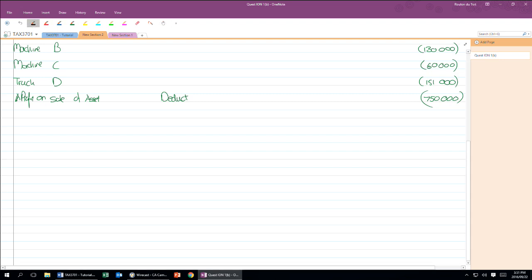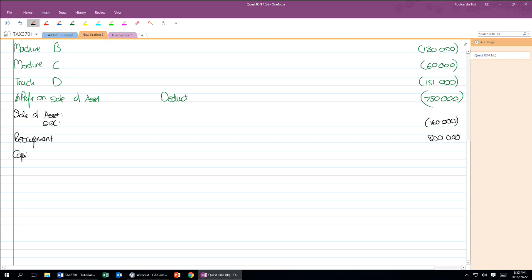So we had sale of asset. We had our section 12C deduction for the current year, which was 160,000 rands. We calculated a recoupment. We'll do the exact same calculation. We calculate the recoupment of 800,000 rands.